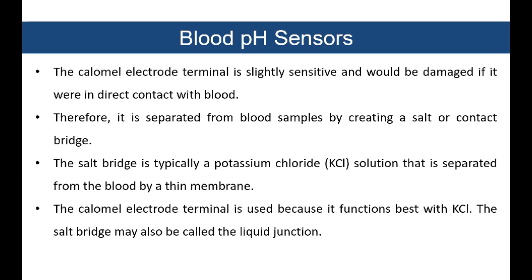This salt bridge is typically a potassium chloride, that is the KCl solution, that is separated from the blood by a very thin membrane. The calomel electrode terminal is used because it functions best with KCl. The salt bridge may also be called the liquid junction.